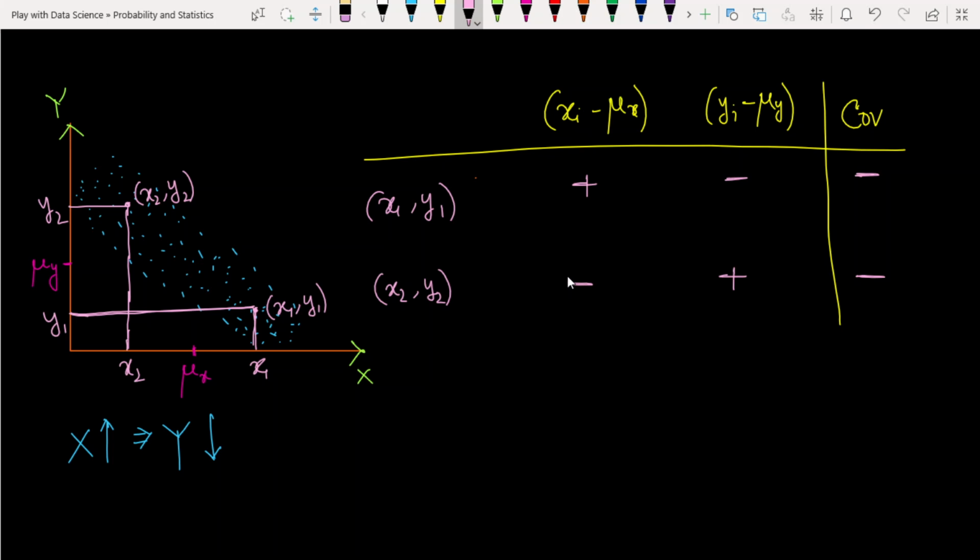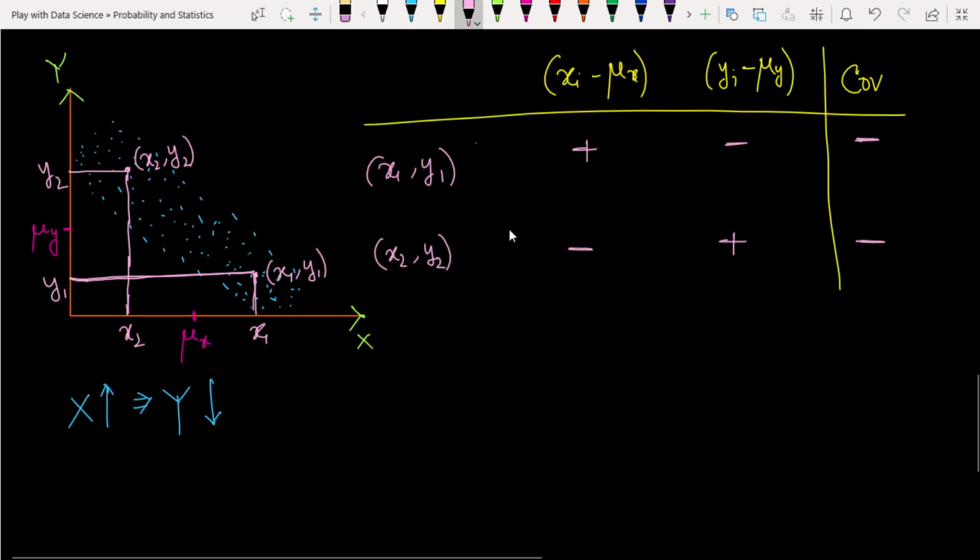I think you got the concept. So in both cases, we got that the covariance of x and y is negative.